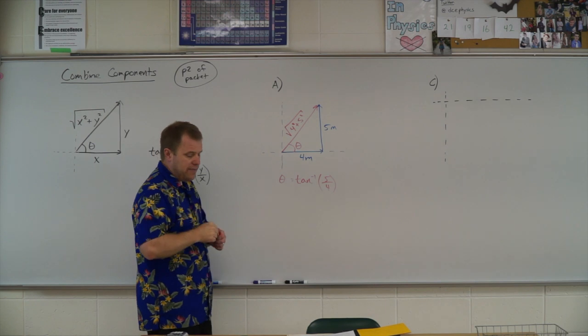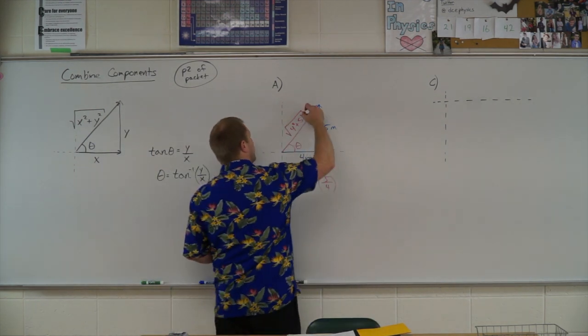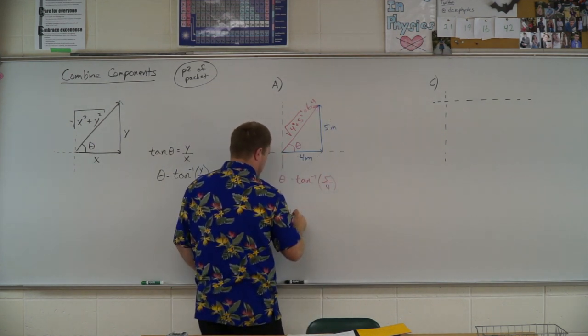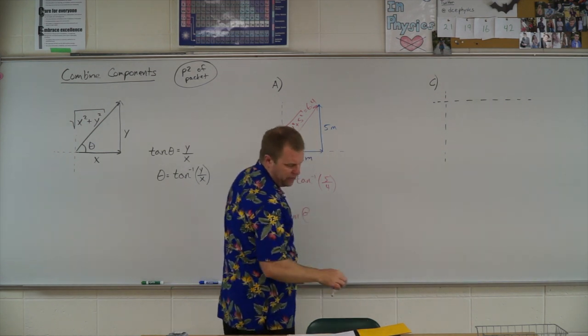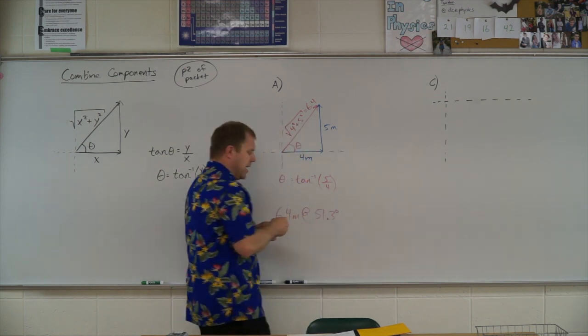All right, so let's type that in our calculator and see what we get. We end up with 6.4 for the magnitude. So I have 6.4 meters at an angle of 51.3 degrees. And you're not done.